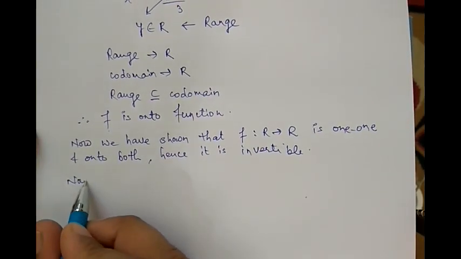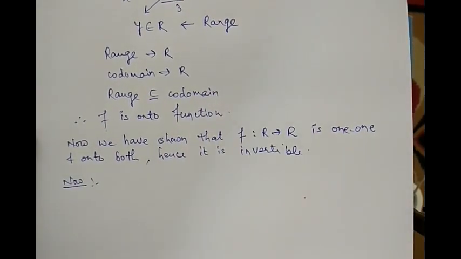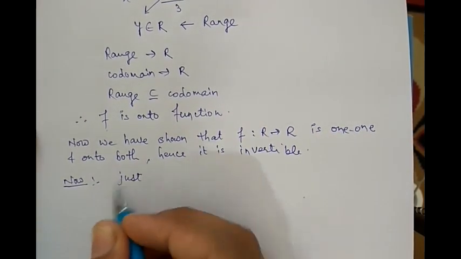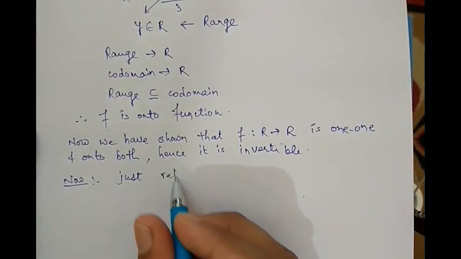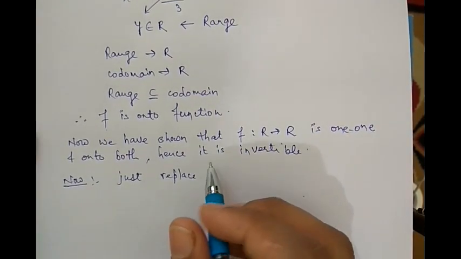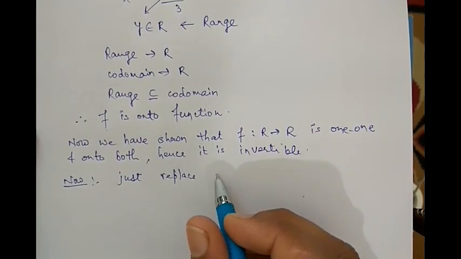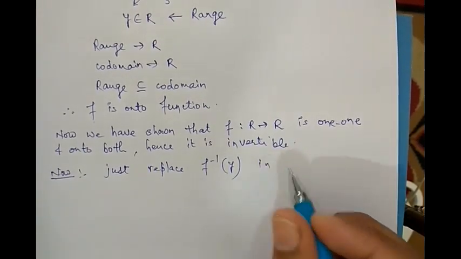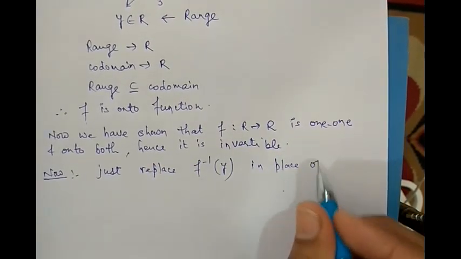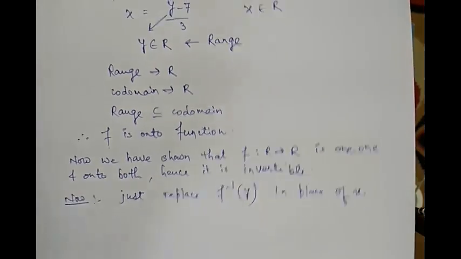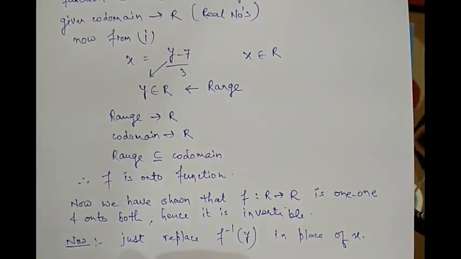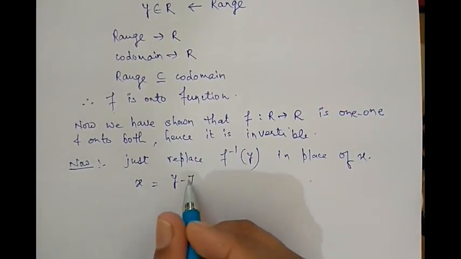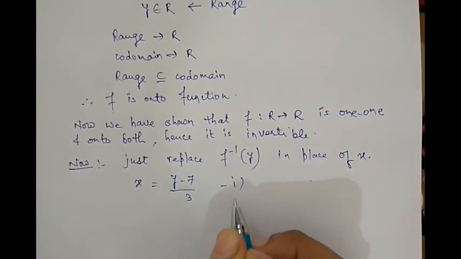Now, what we have to do now, just replace f inverse of y in place of x. Now we have x equal to (y minus 7) by 3. This was your equation number 1.